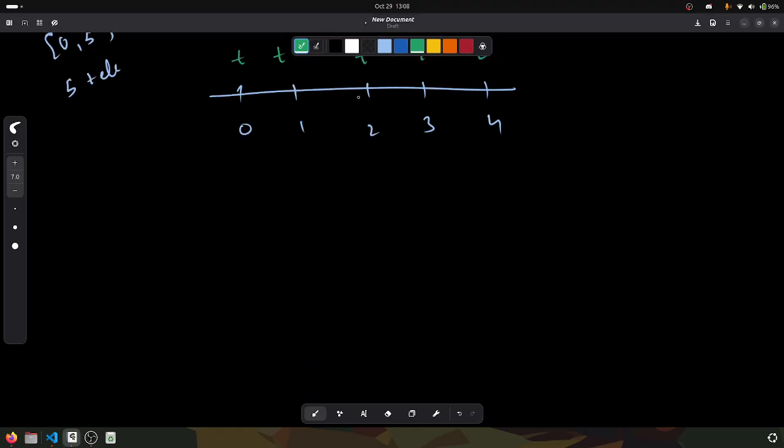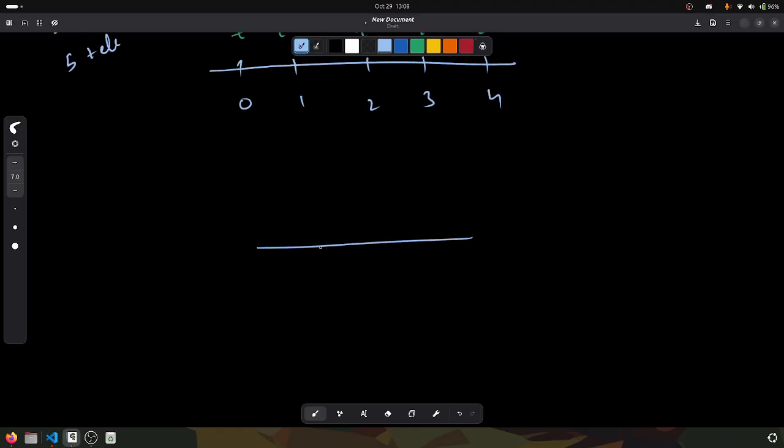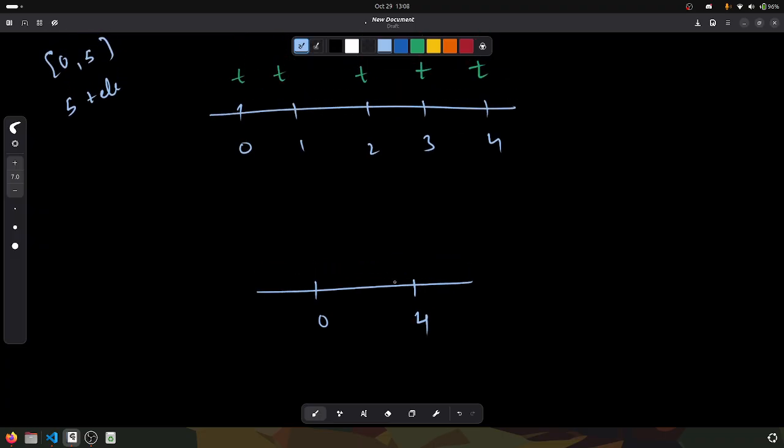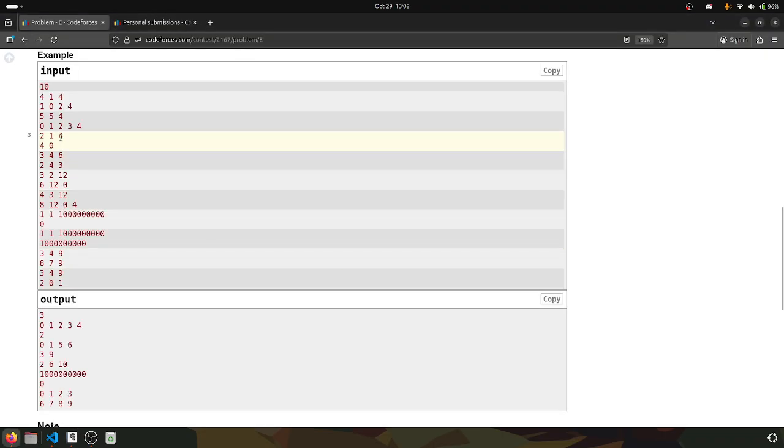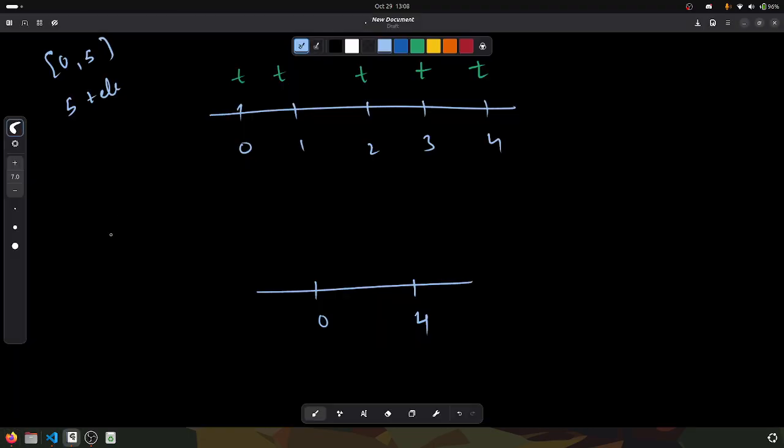The next test case is 4, 0, 0, 4. And the range is again from 0 to 4 only, and we need to place one teleporter. So let me make the number line better. 0, 1, 2, 3, 4.